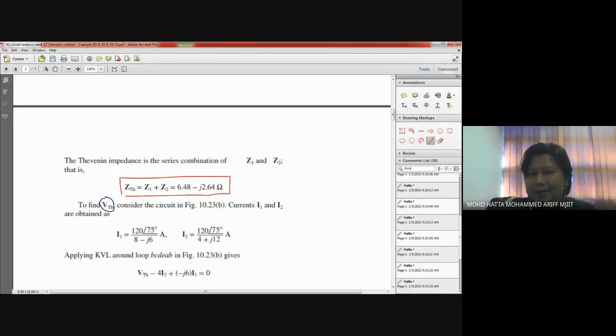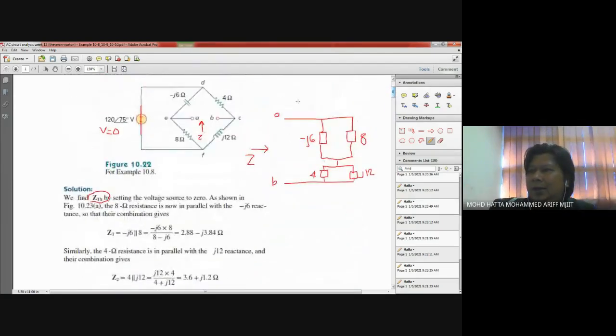For VTH, basically what you need to do is that you should keep this voltage as it is, and you don't need to treat it as a zero anymore. And the VTH is basically the voltage across these two open terminals. So basically we try to calculate what is the voltage across these two terminals. And the way we calculate this is that we try to redraw back our circuit.